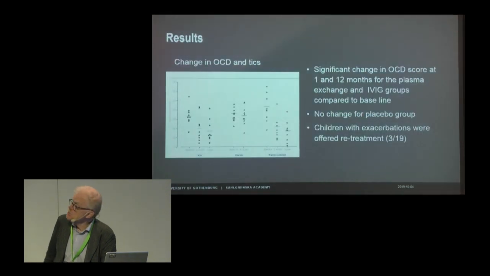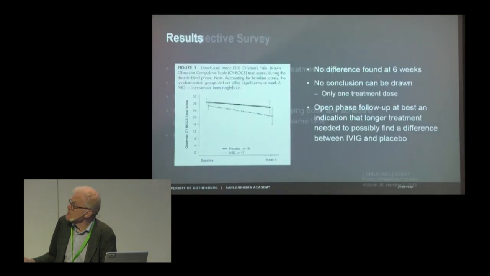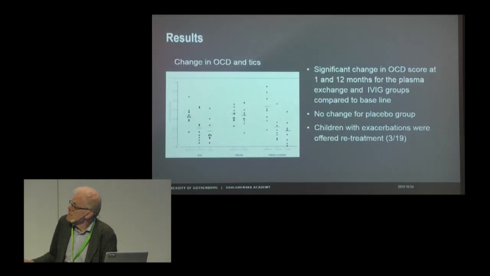So the results were here, significant changes in OCD score at 1 and 12 months for the plasma exchange and the IV groups, as you can see. So you see it's the change between start and evaluation time points, but not for the control group.